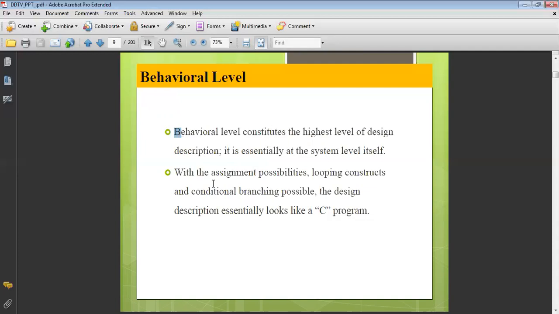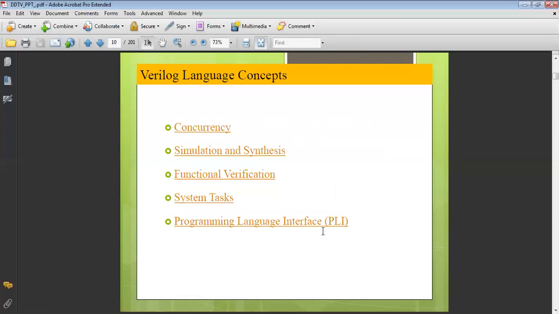With assignments, looping constructs and conditional branching possible, the design description essentially looks like a C program. Like a C program, we can develop the functionality of the circuit by using conditional operators and branching operators. The behavioral description can be developed in our Verilog language.